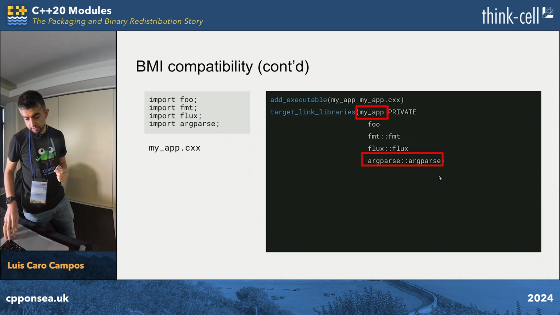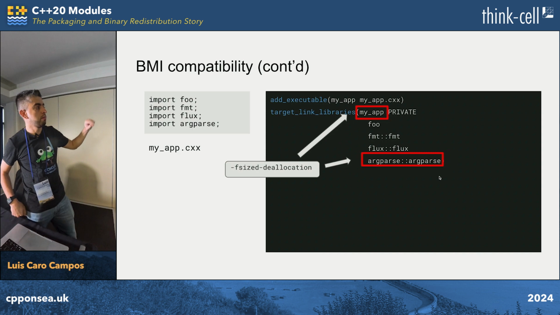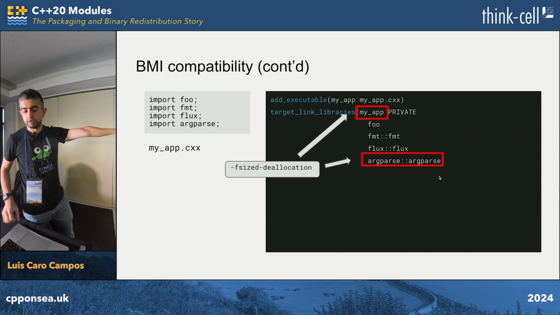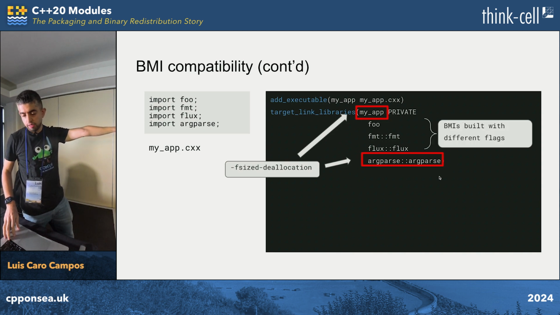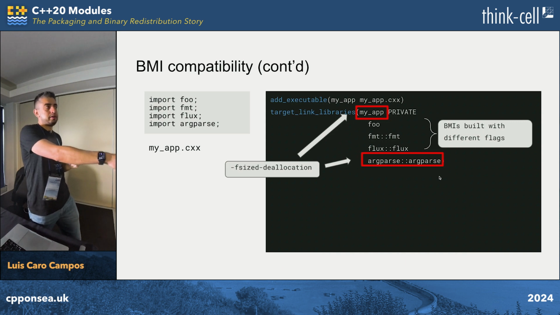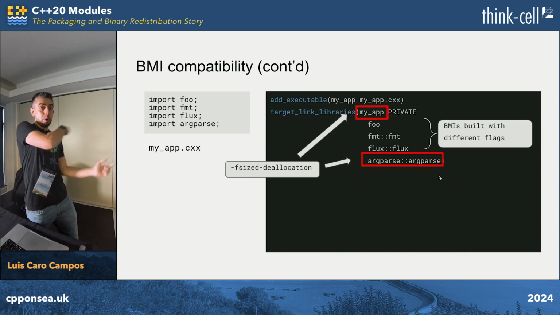But the error I was getting, and this is very, very interesting, is that CMake will cause my app to be built with that flag, as well as argparse when generating the BMI. But CMake will not cause all the others to have the flag. So Clang was complaining that the BMIs were built with different flags. So we're not only dealing with the compiler flags used to generate the BMI for the module needing to match the importer.